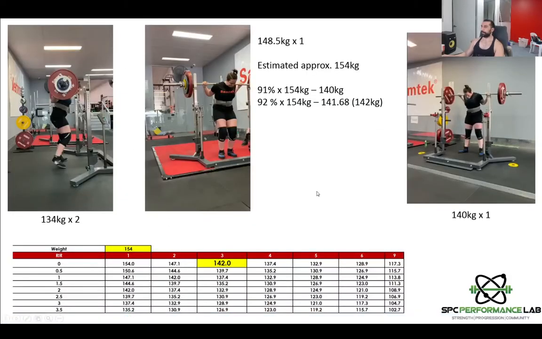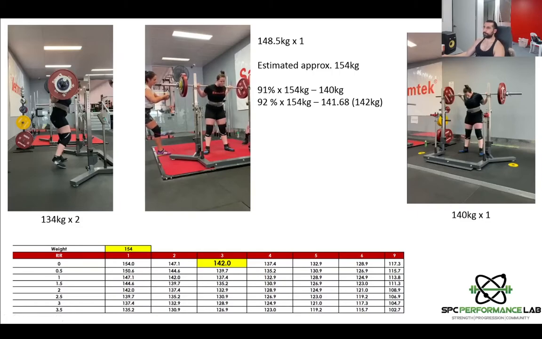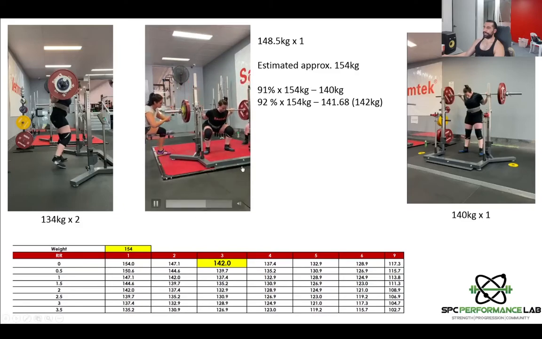Okay, so for this, I'm just going to show an example of predicting someone's opener lift. So this was Laura. This was her heaviest top single squat before the competition. So this is a 148.5. So let's have a look at that. All right, so if we look at that 148, it was somewhat hard.